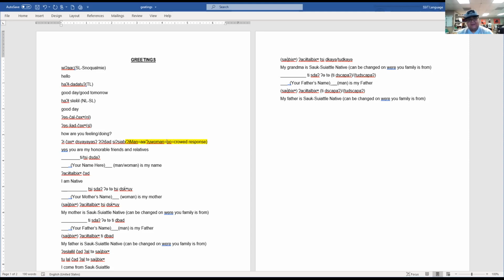So this right here, in concept, in the cultural aspects of it, and I just overlooked that. Okay. Man would say A, and the woman would say O, right? The crowd response would be all the men who are paying attention saying A, and all the women who are paying attention saying O, right?